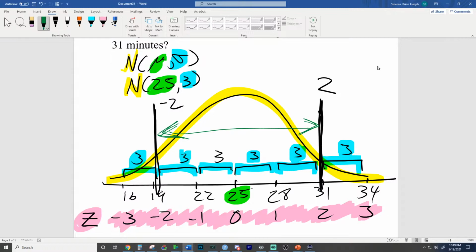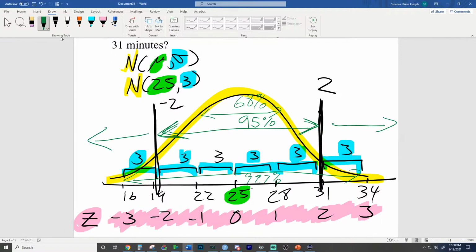So 68 is between -1 and 1. 99.7 between there. The answer is 95. So what would be above here, which is the question we're looking for?